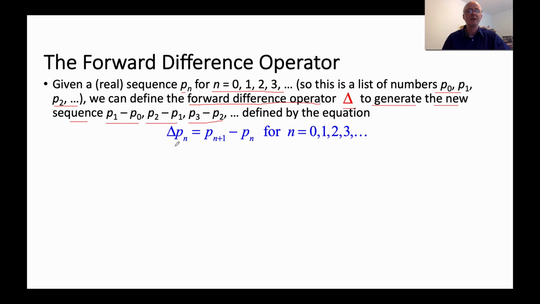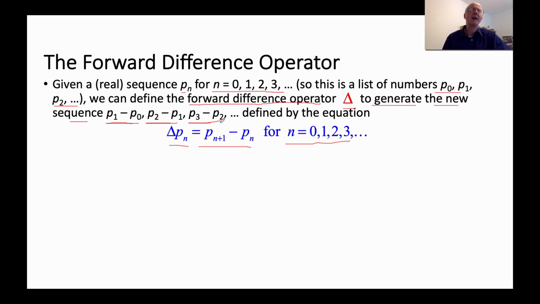The general equation is this: delta Pn is Pn plus 1 minus Pn for n starting at 0, then becoming 1, then 2, then 3. So yes, this first thing is really the zeroth thing of the new sequence. This is the first, this is the second, etc. Okay, and that'll be important to remember notationally when we compare it to the backwards difference operator.